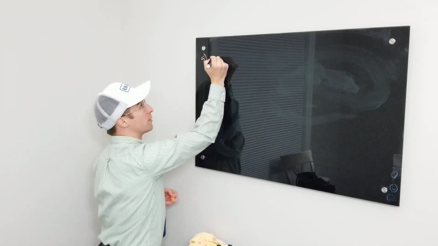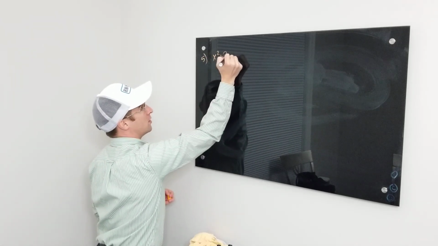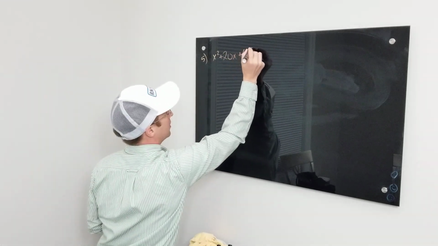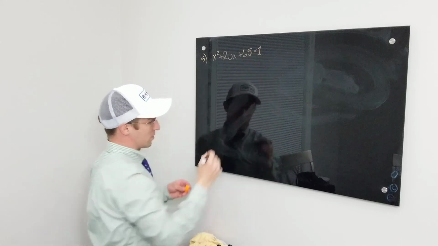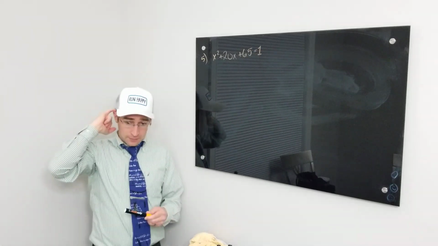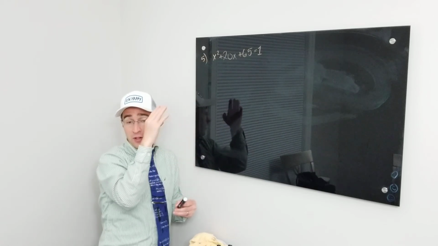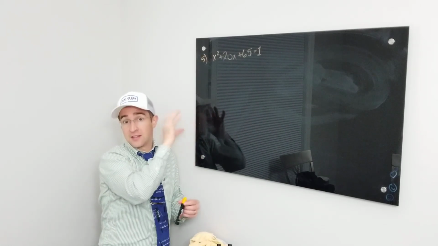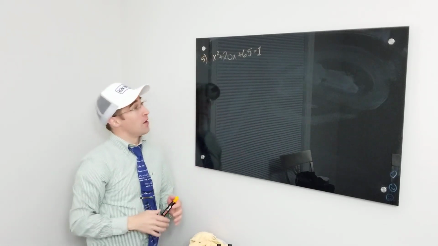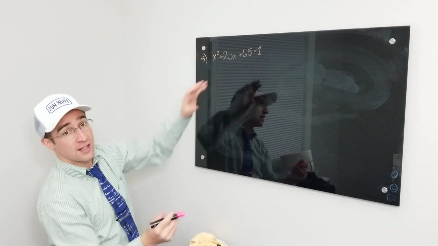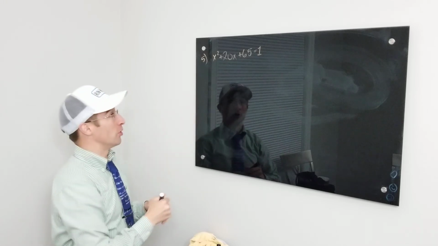So it's x squared plus 20x plus 65 equals 1. Okay. So I'm going to do this one example, then you're going to do problems 6, 7, and 8 just like this, using this method. So what we do is we take the x squared and the 20x, and we say, I want to make that a perfect square.